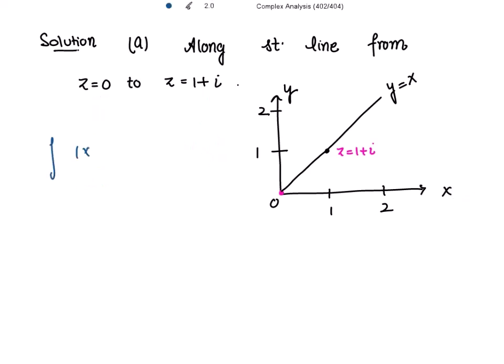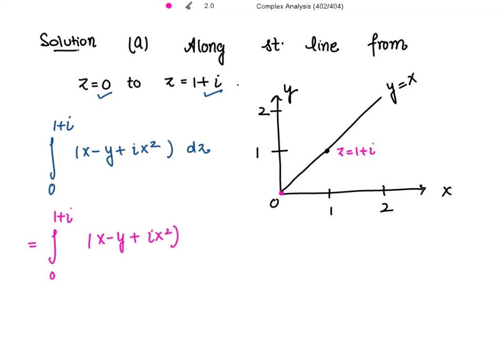Very fine. Alright. What is the given integral? The integrand is x minus y plus iota x square dz from 0 to 1 plus iota, right? So this is further equal to the integration of this integrand. We can write dz to be dx plus iota dy because your z is x plus iota y. So dz becomes dx plus iota dy, right?